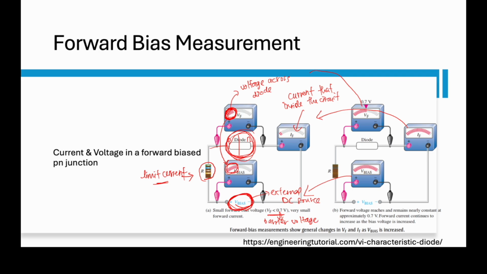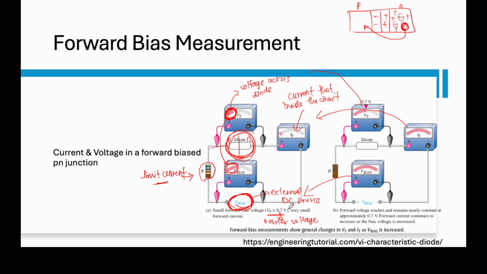It is the voltage required to make sure that the free electrons remaining at the N region are able to move and diffuse to the P region.